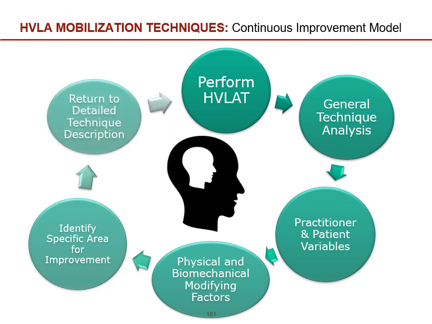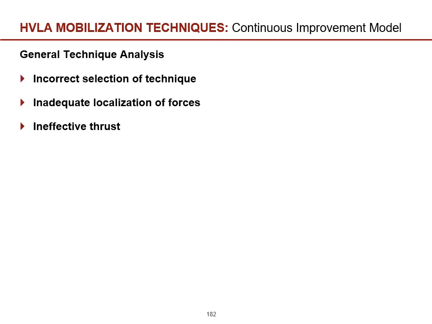And then return to detailed technique description, and then continue to practice. And so we'll step through the components of each of these major categories, starting with the general technique analysis. You can lump this into incorrect selection of the technique, inadequate localization of force, or ineffective thrust.